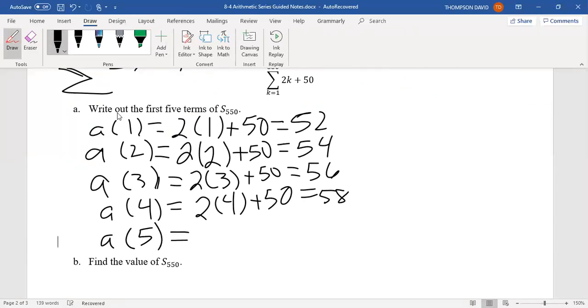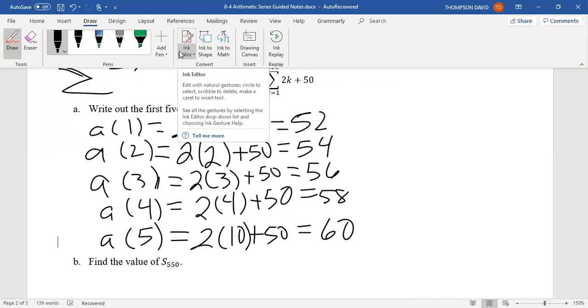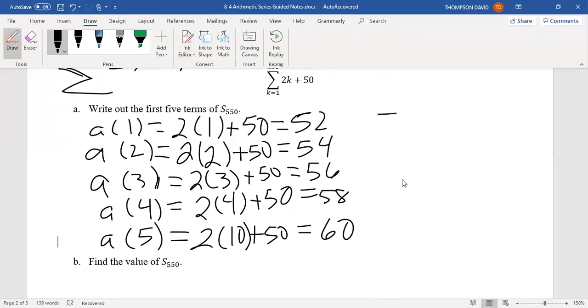A5 will be just 2 times 5 plus 50, which gives me 60. And here's my first 5 terms. It'll be just 52 plus 54 plus 56 plus 58 plus 60. And we're done.